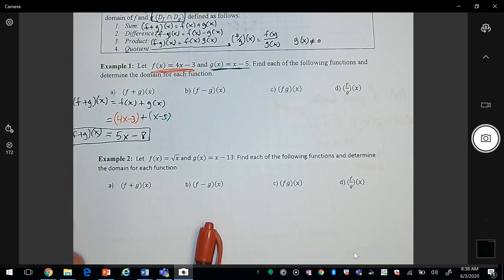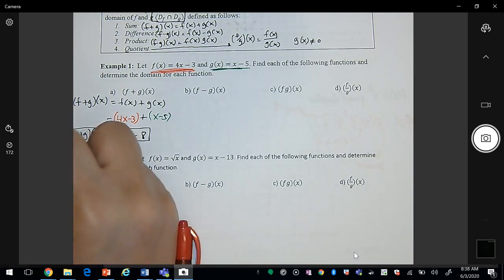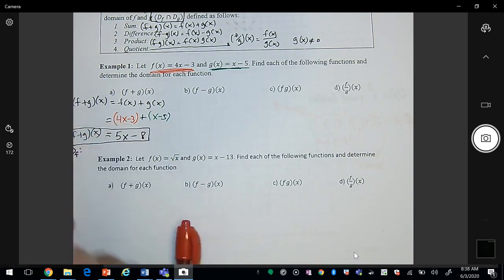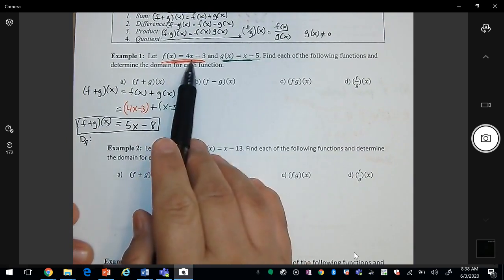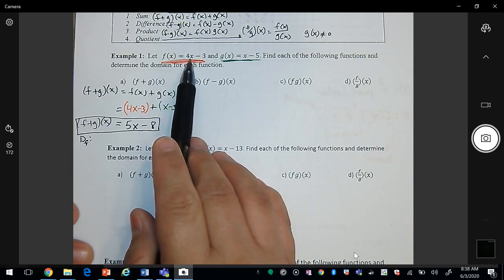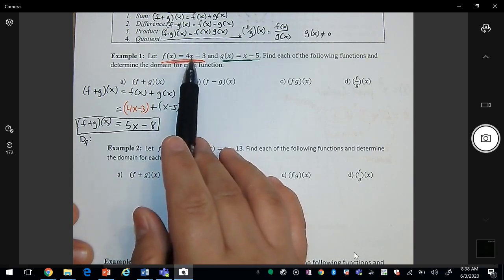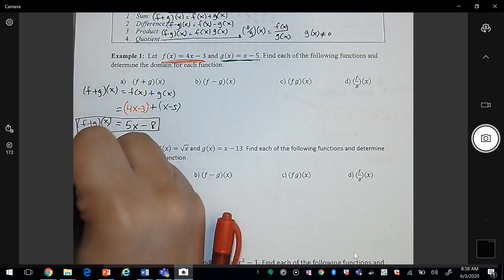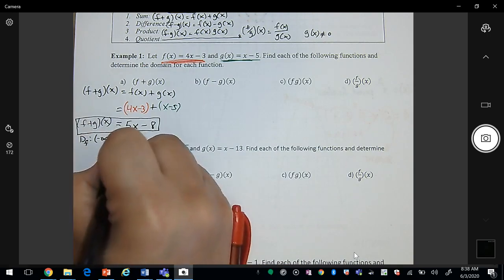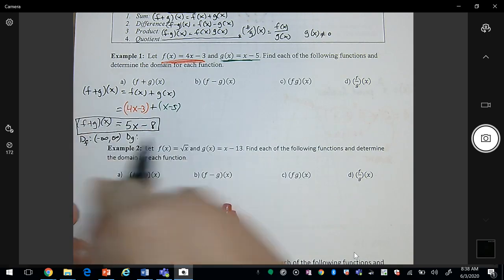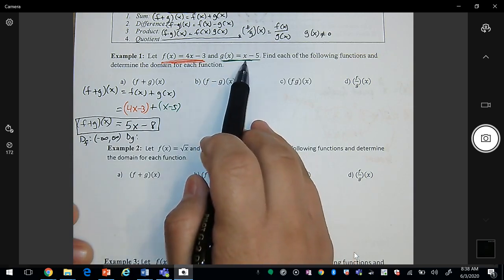We want to find the domain. So notice here the domain of f. Here's my function f. Since it's a line, there's no fractions, there's no square roots, so the domain would be negative infinity to positive infinity. And then the domain of g, again, there's no fractions or square roots or logarithms.